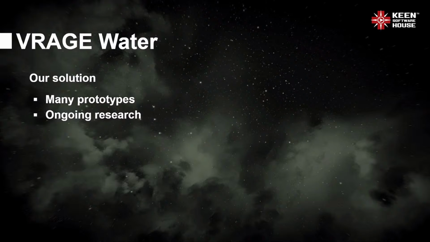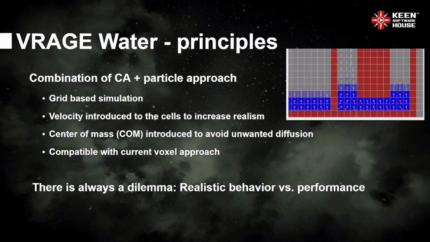Let's continue with the explanation of the current water implementation. I decided to use a combination of the presented technologies, a little bit of particles, but mostly grid simulation, cellular automata simulation. And the reason is performance.